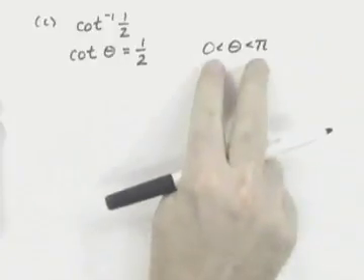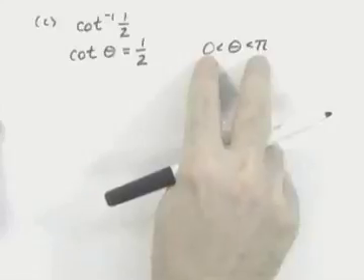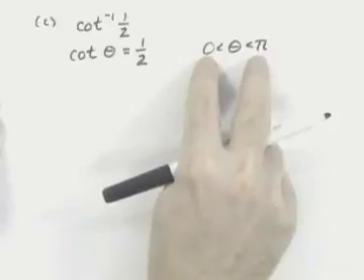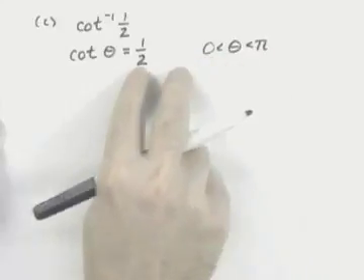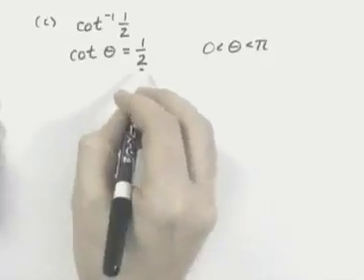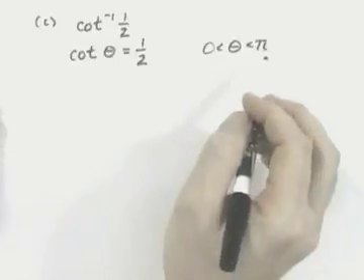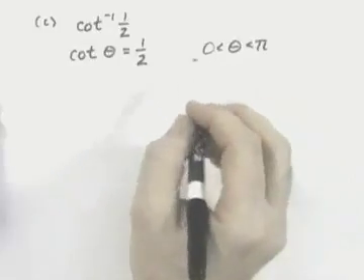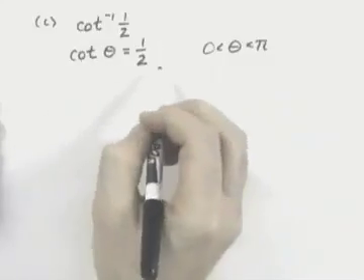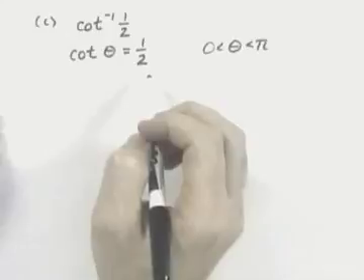Now that is, for all intents and purposes, except for the endpoints, the same domain restriction that we had on the cosine. So we can't just go ahead and say 1 over tangent equals 1/2, because the domain restriction on the tangent, you recall, is negative pi over 2 to pi over 2. So what we need to do is convert this expression into an equivalent expression involving the cosine function.